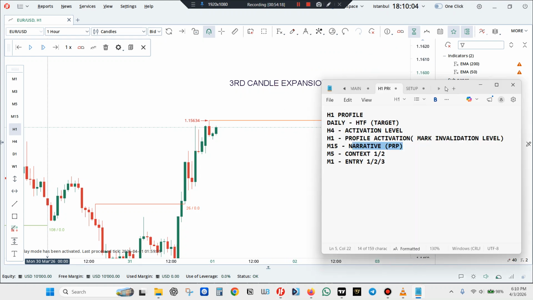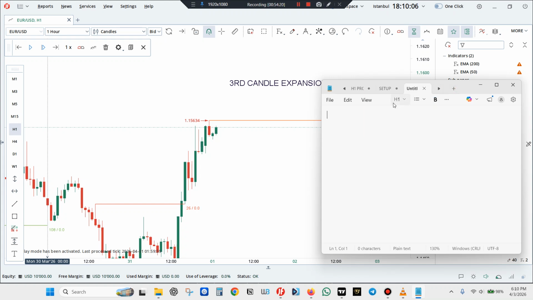Let me just write it here. So if we have our direction aligning from all our time frames, that is from the daily, 4-hour, H1.